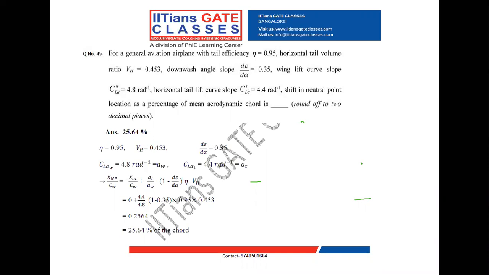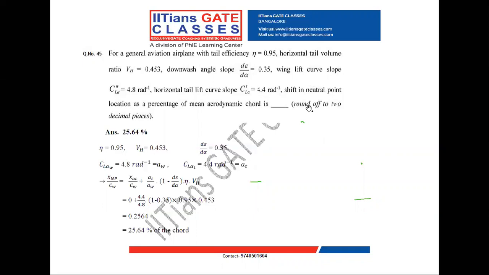If they simply asked the neutral point location, we can substitute XAC by CW as 0.25, because for all subsonic speed airplanes or general aviation airplanes, we can assume the aerodynamic center location with respect to the chord of the wing as 0.25.